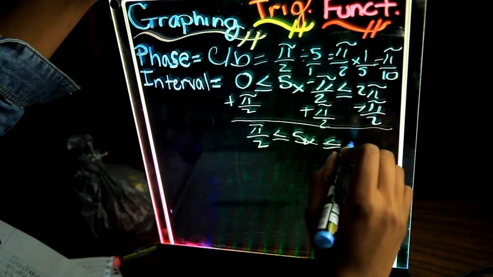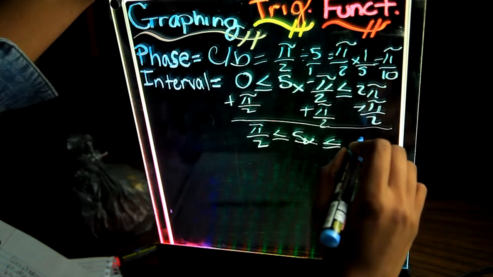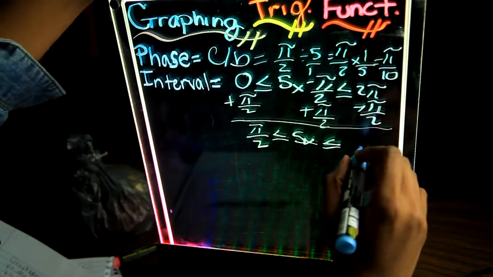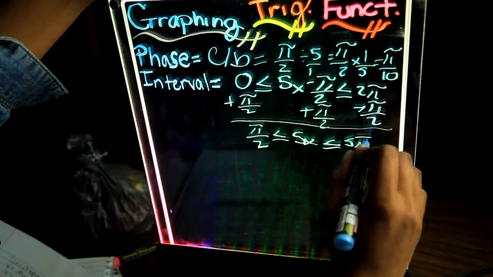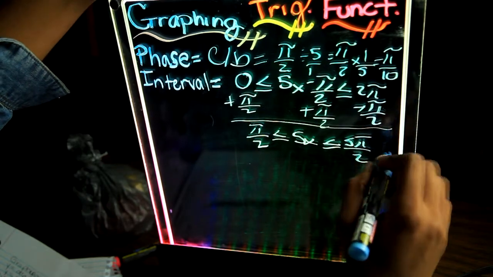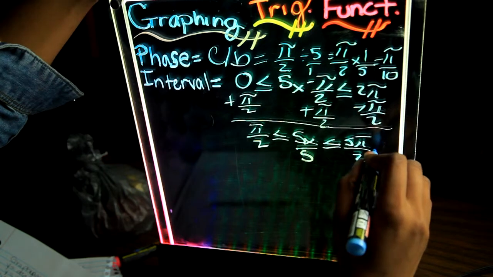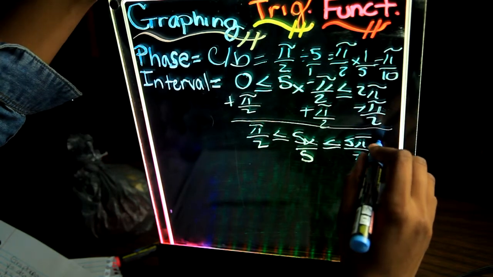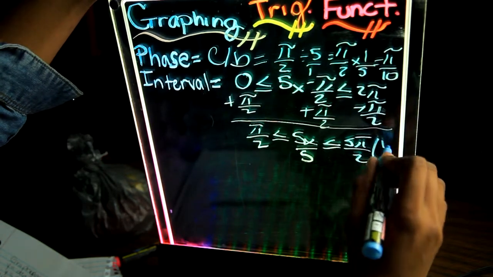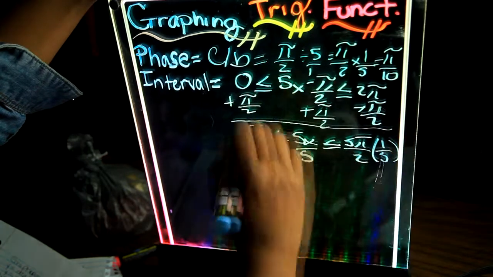and 5x is less than or equal to 5 pi over 2. So now we have to divide by 5. And basically, again, we're going to multiply by the reciprocal, which is 1 over 5.